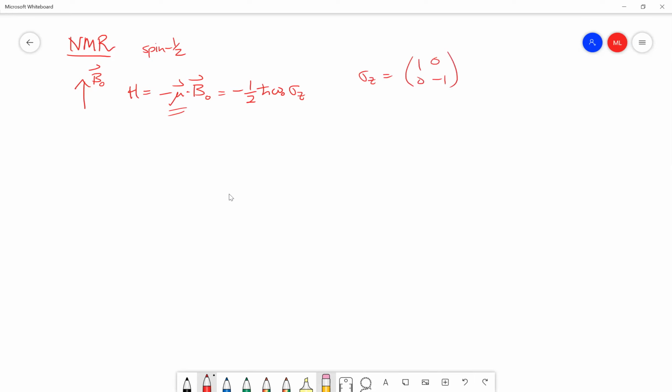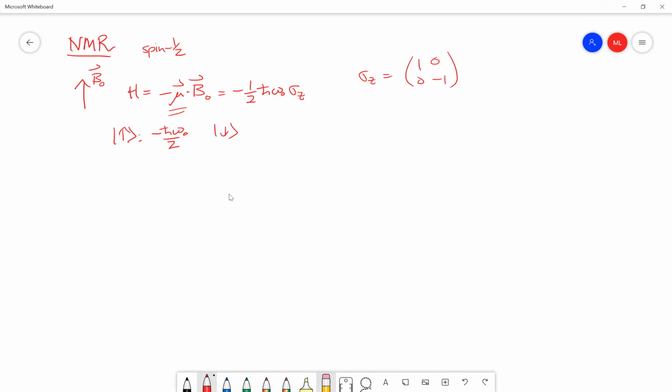And that's our spin 1/2 Hilbert space, a two-dimensional Hilbert space. The two states are spin up and spin down. That's our basis. Spin up has an energy of minus h bar omega naught over 2, because if it's spin up, then it's aligned with the field in the Z direction, and that's favorable.